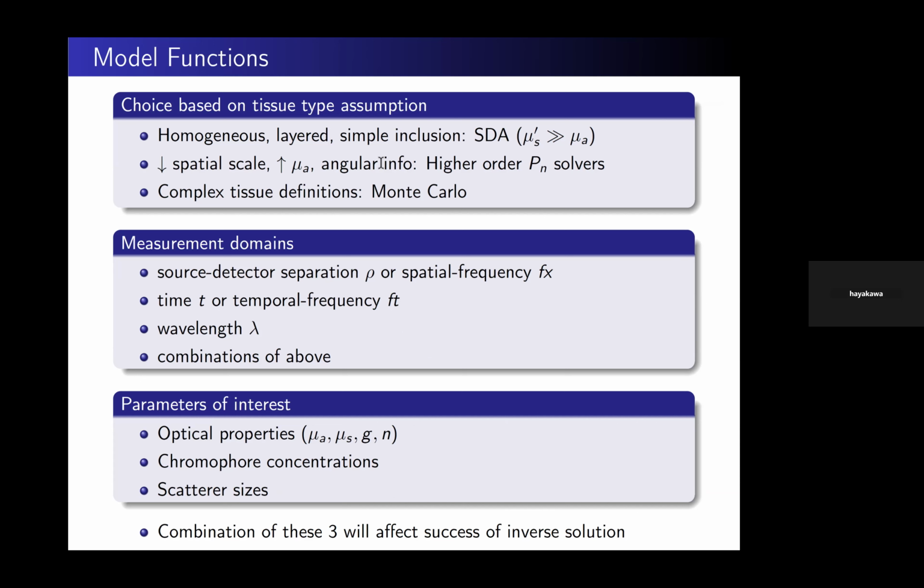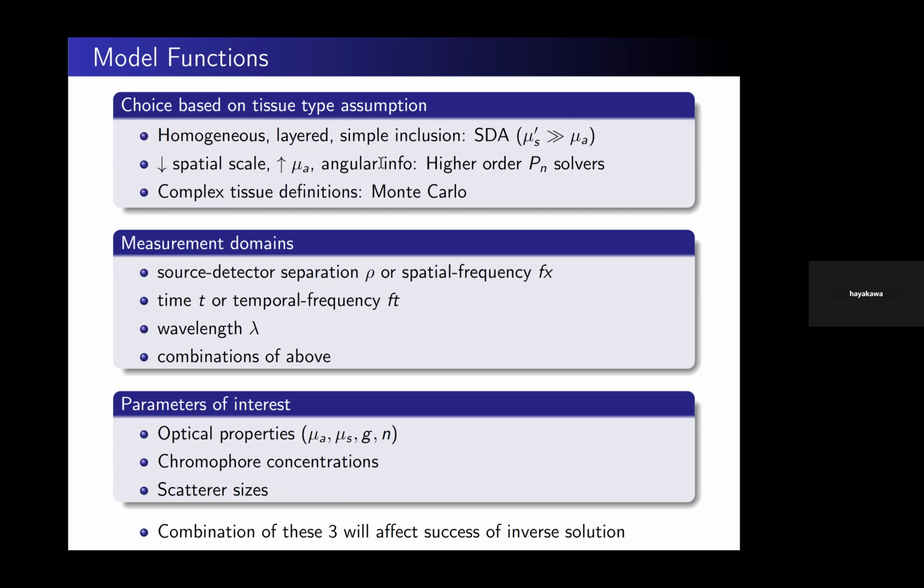But you do have the assumption in all these solutions that scattering is much greater than absorption, and you have to be far away from the source. As you reduce your spatial scale or your absorption increases, then you have to go to higher order PN solutions. And if you have very complex tissue definitions, then Monte Carlo is the gold standard.